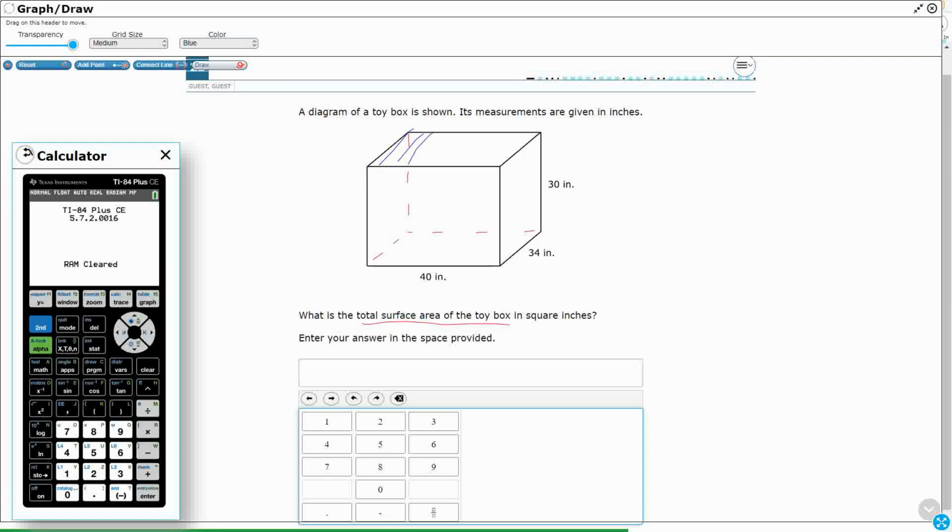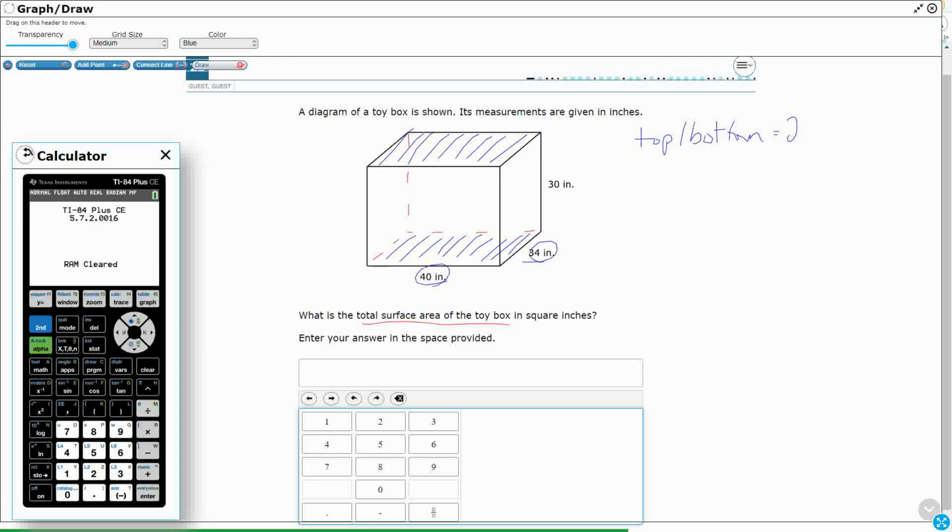I'm just going to take a look at the top and the bottom. I'm going to shade those in blue, because what we can say is, the top and the bottom, what do I have? A 40 and a 34.